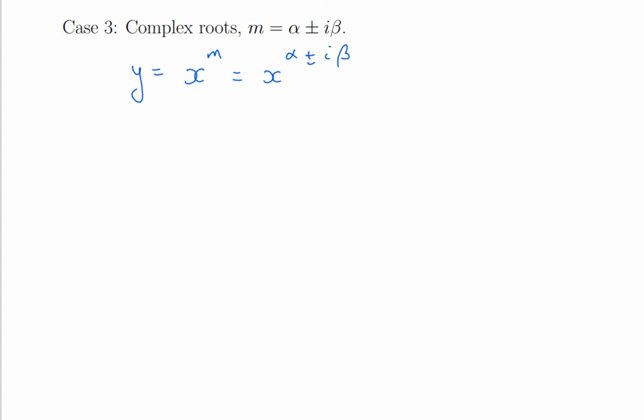So this looks a bit complicated because it's x to a power of a complex number. I need to rewrite that a little bit, so I'll rewrite that as e to the log x, all to the power of alpha plus or minus i beta. Now I can use the power rule to multiply the powers, and I'll get e to the alpha plus or minus i beta times log x.